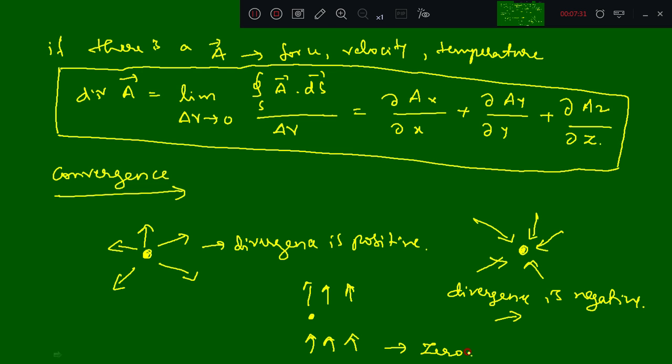Then if I go for one more factor, that is the vector operator. This is also called the del operator. So this is called the del operation or del symbol.